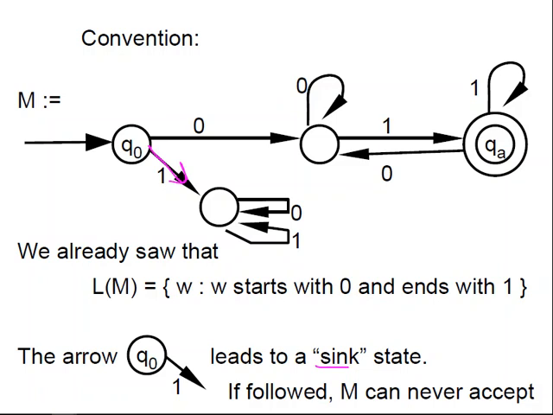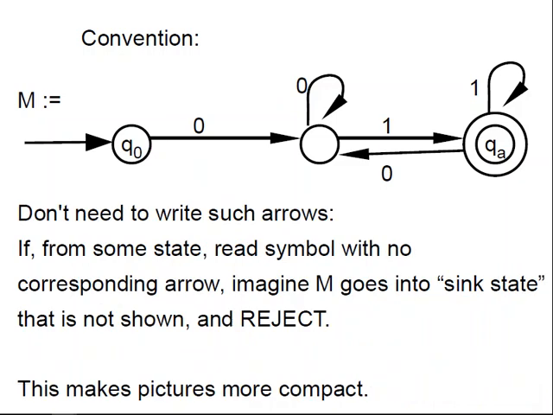So you know what? Let's not even draw it. We are not going to write such arrows. We're going to adopt the convention that if you are in some state and you read a symbol from the input which has no corresponding arrow, then you can imagine that M goes into a sink state that is not shown, and you eventually reject. This is going to make pictures more compact.